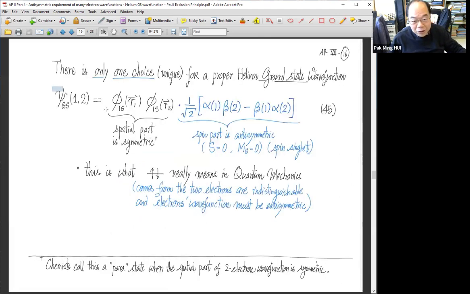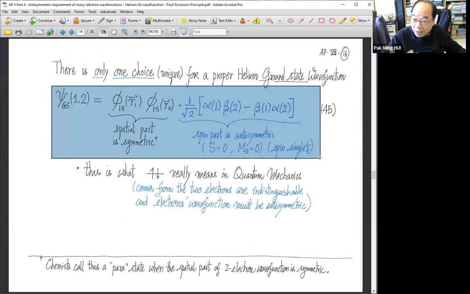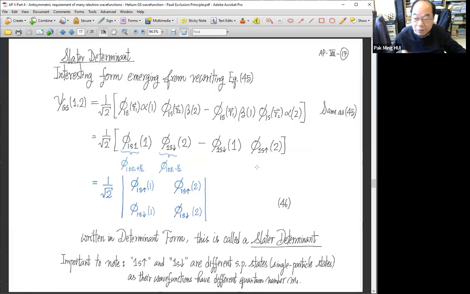I just convinced you that this is the only way to write down the ground state of two electrons, two electron wave functions. And then we realize this can be rewritten as a determinant. Let me introduce the name first.